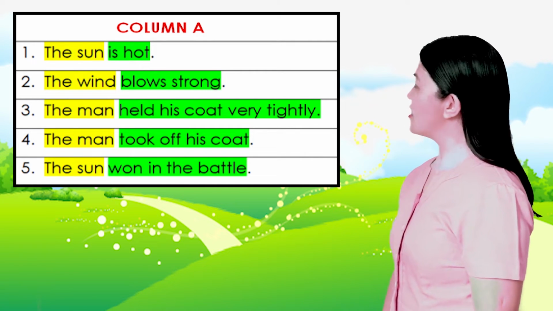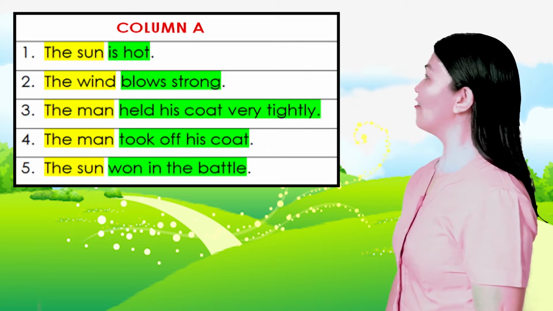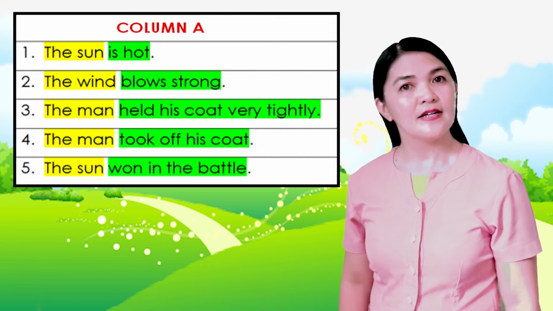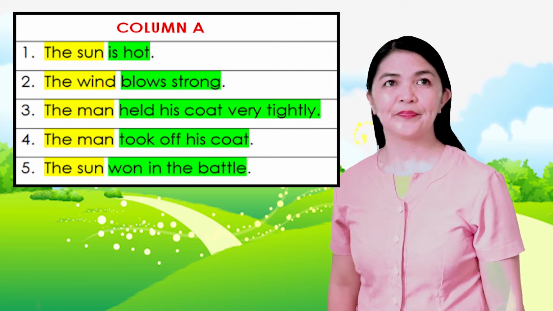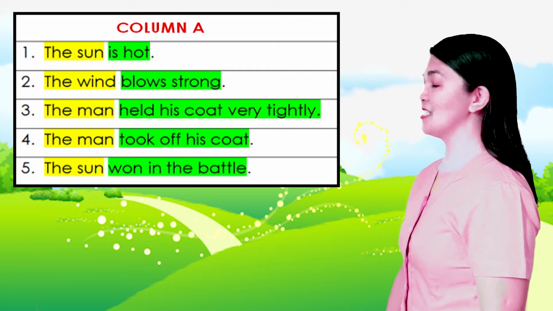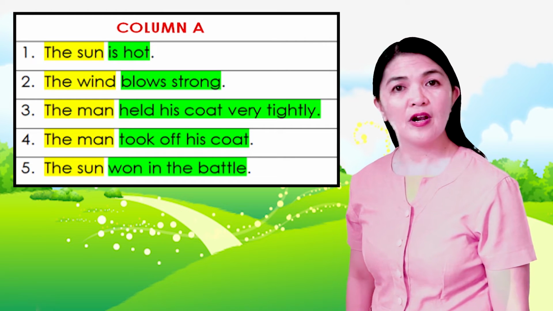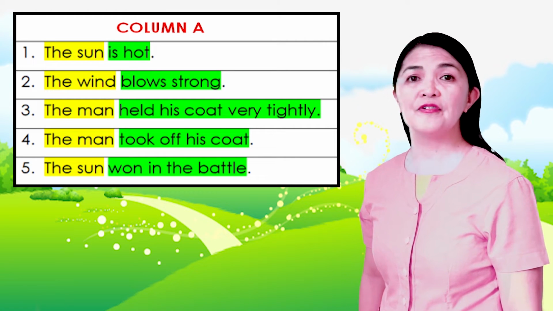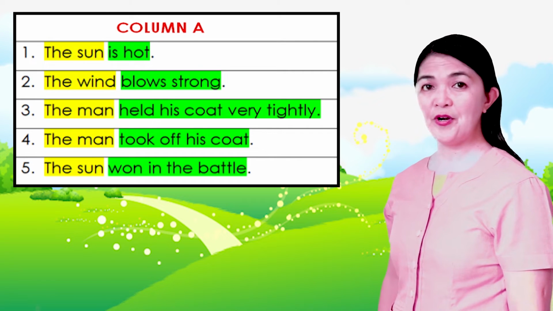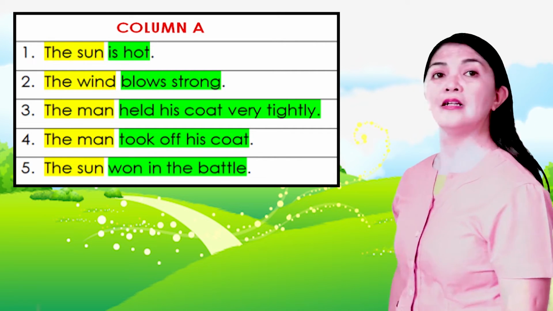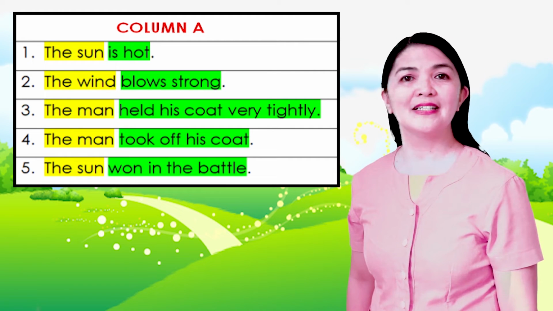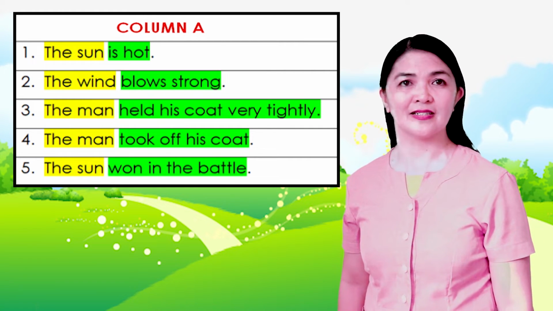Number 3, the man held his coat very tightly. Number 4, the man took off his coat. And number 5, the sun won in the battle.